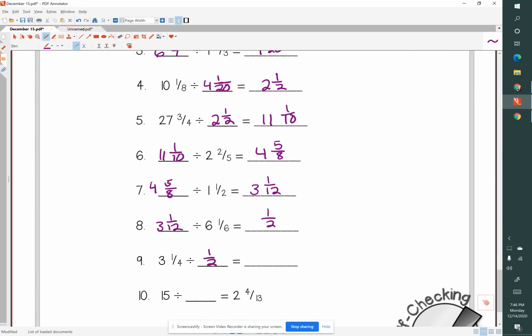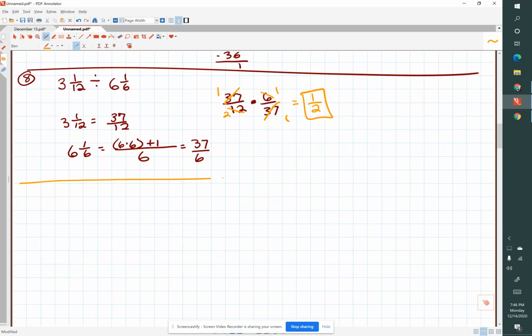Okay, let's do number 9. 3 and 1/4 divided by 1/2. So 3 and 1/4 equals 3 times 4 plus 1 over 4. 12 plus 1 is 13.